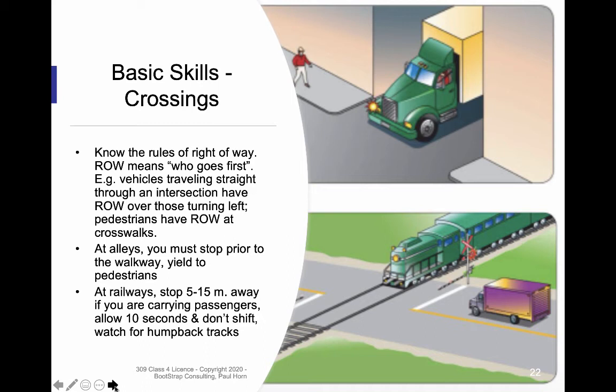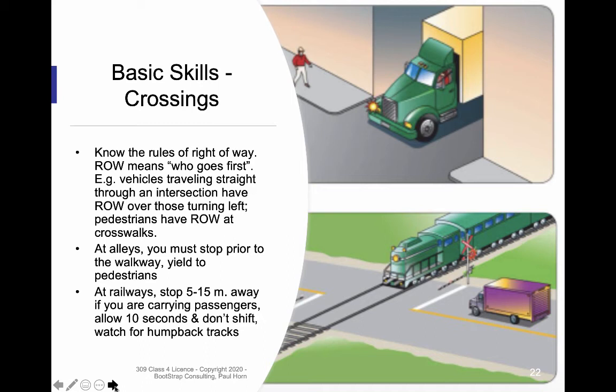Believe me, when you have one almost hit you, and I've had this happen, you really learn the importance of clearly checking across railway crossings. I know there are many places where trains are rare in our area, but you don't ever want to make the assumption that there's not going to be a train there. You'll notice it talks about allowing 10 seconds.